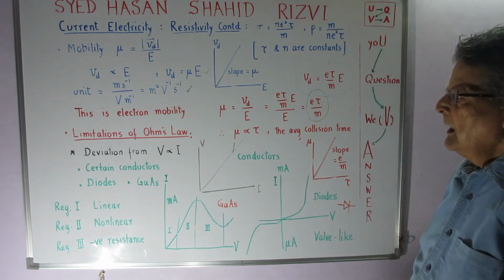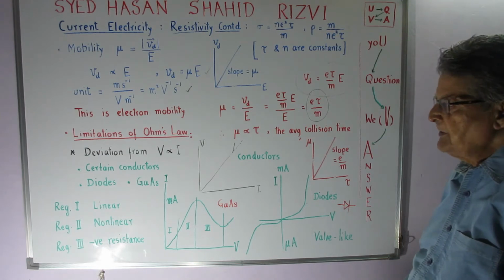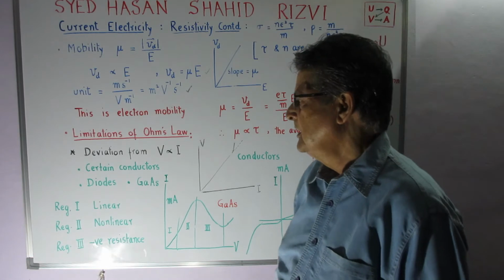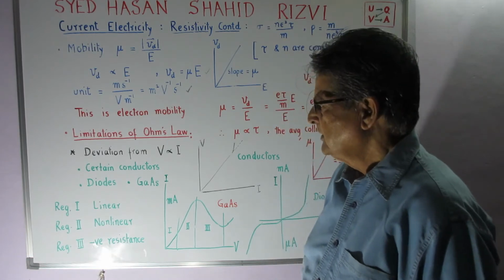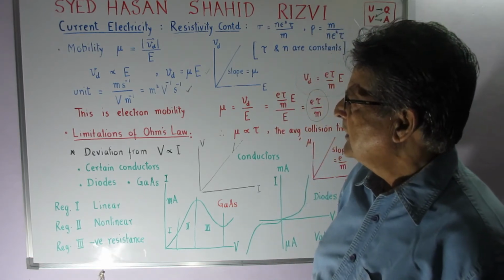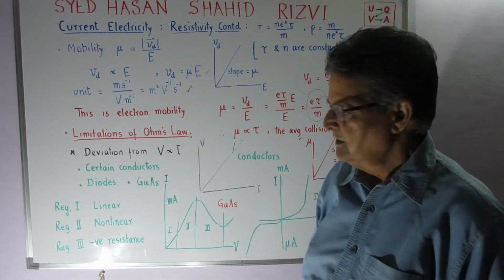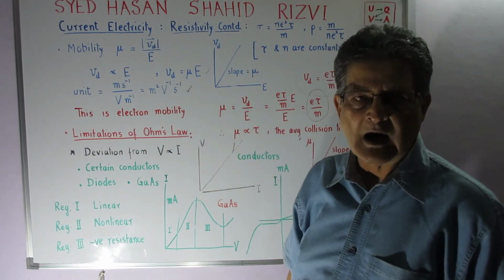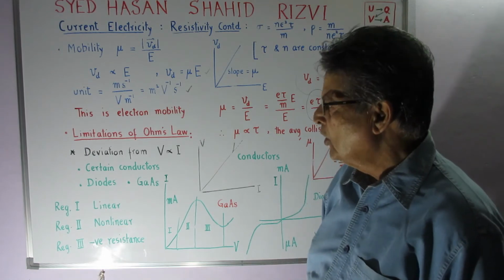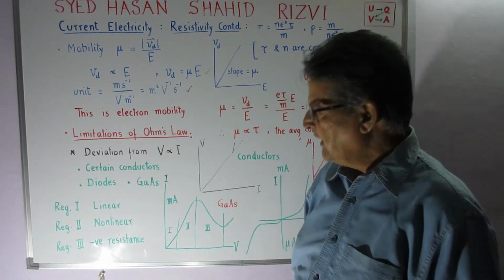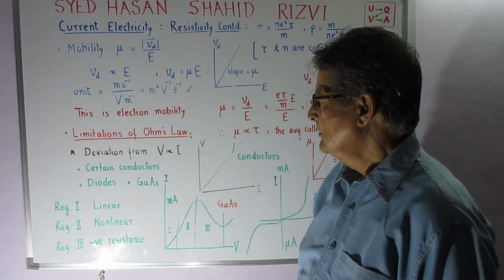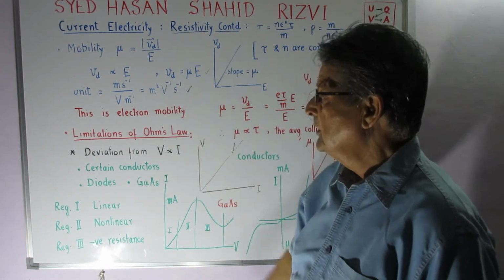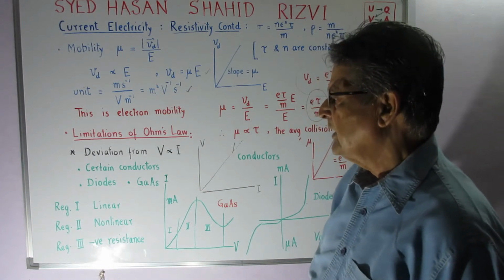Okay. Now, after this, I must confess that Ohm's law, where V was proportional to I and V was equal to RI, does not hold always. There are deviations from the original law of Ohm, and this is because of materials and devices.